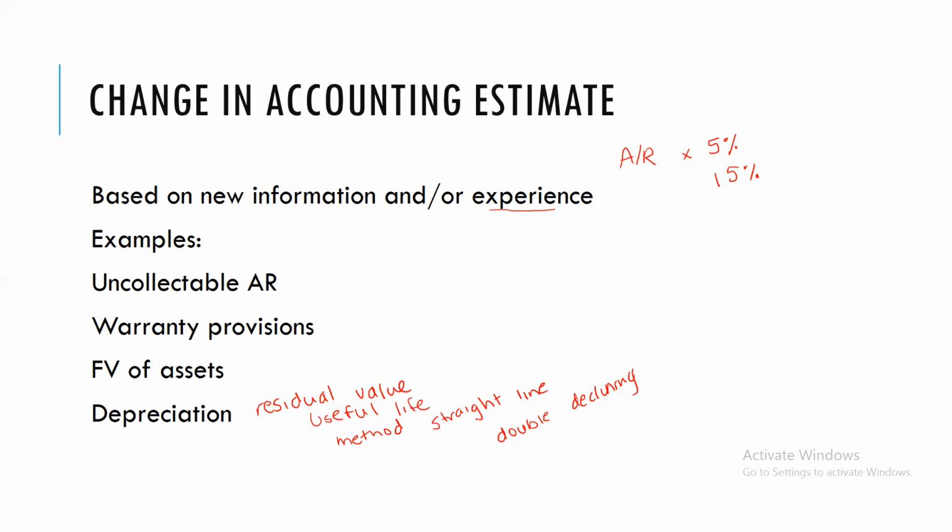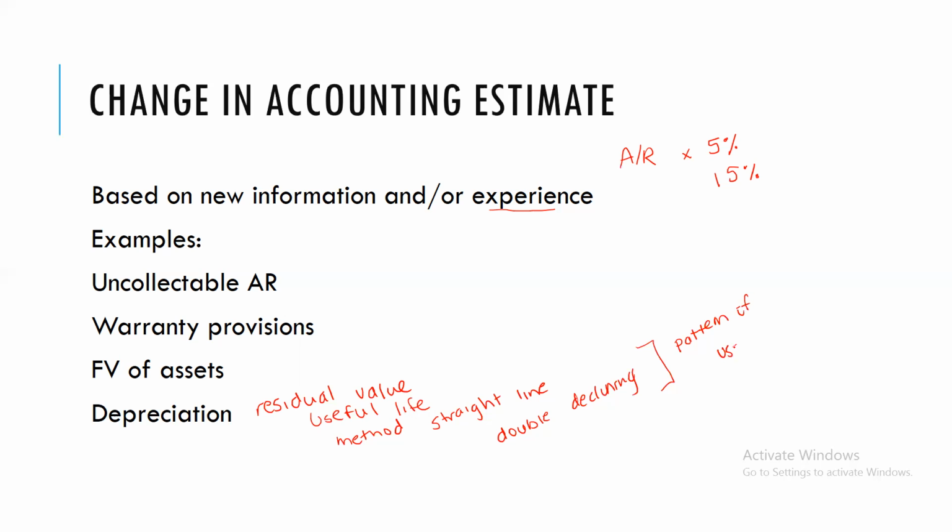Which one you do, that's actually an accounting estimate change. Some people get this confused with accounting policy change. So they think going from double declining to straight line method is an accounting policy change, but it's actually an accounting estimate change. And the reason for that is you base the method on the pattern of usage.